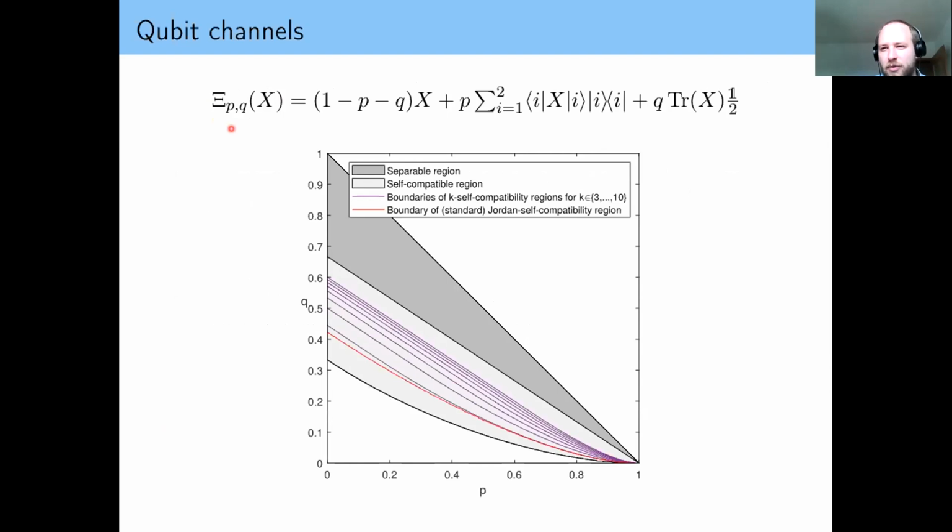Not every channel is compatible with itself. For example, the problem of compatibility of the identity channel with itself is basically the no-broadcasting theorem. We also know this from the quantum marginal problem, where there is this symmetric extendability of states, which is basically asking whether the state is compatible with itself.